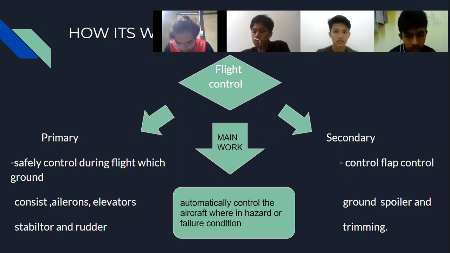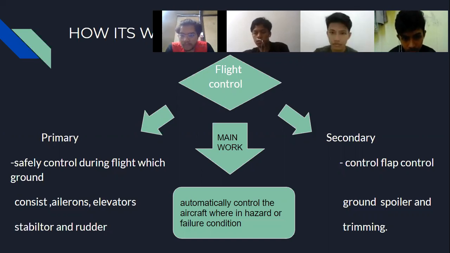And the secondary flight control includes flight control, ground spoiler, and trimming. Flight control is affected by multiple flap sections located at two-thirds of the wing trailing edge inboard.